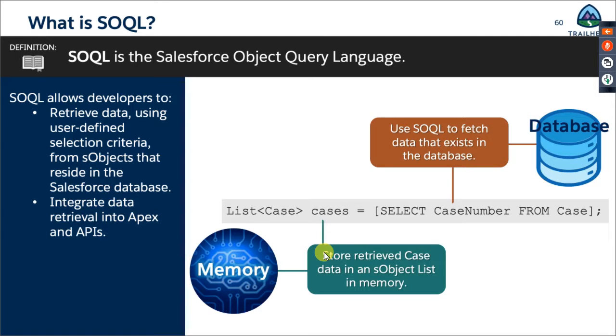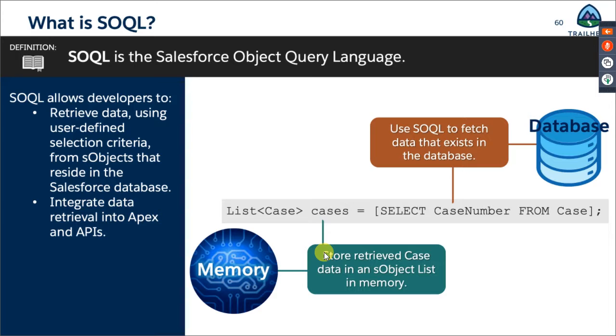SOQL is Salesforce Object Query Language. It will allow you to retrieve data from the database using something that looks similar, not the same thing, but very close to a SQL query, where you specify which fields you want to get back, which object you're looking for data in, and you can specify a few more things.